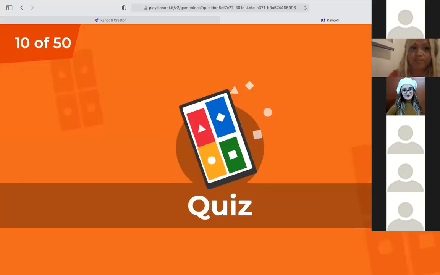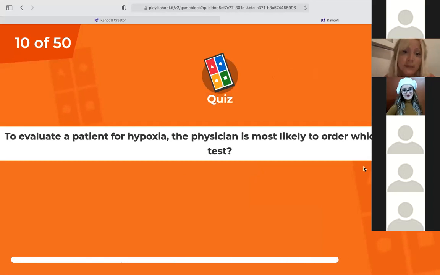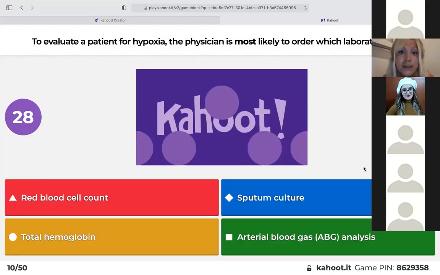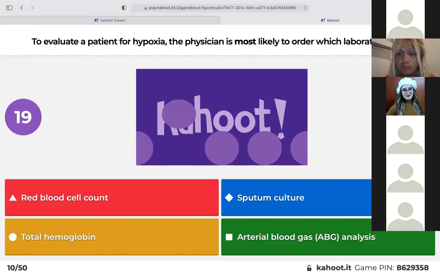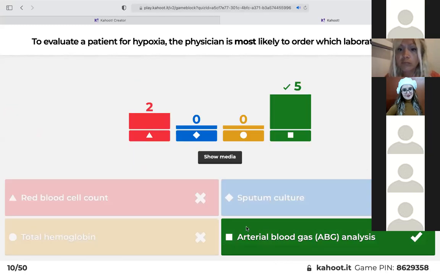To evaluate a patient for hypoxia, the physician is most likely to order which laboratory test? Arterial blood gas analysis.